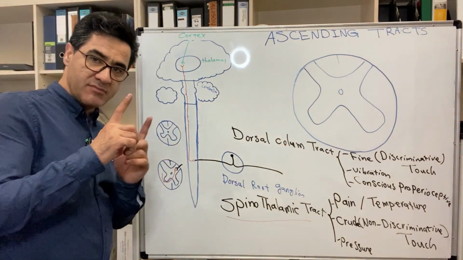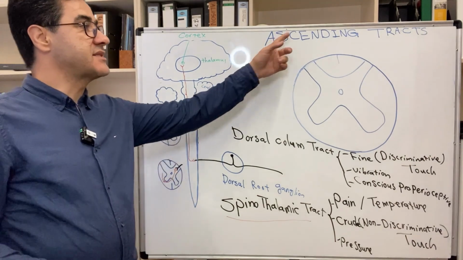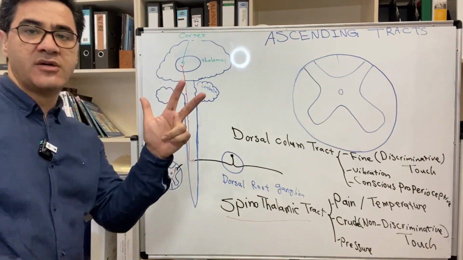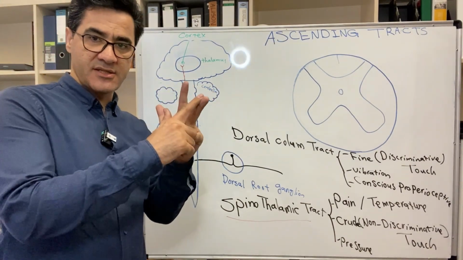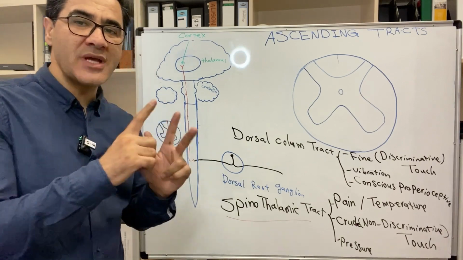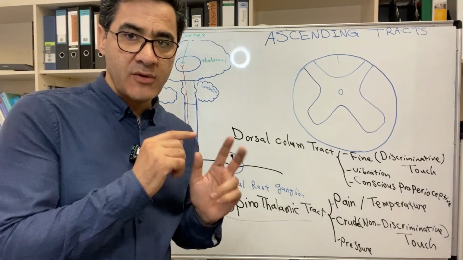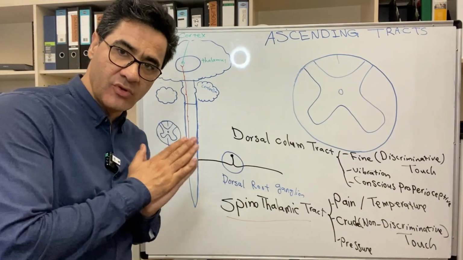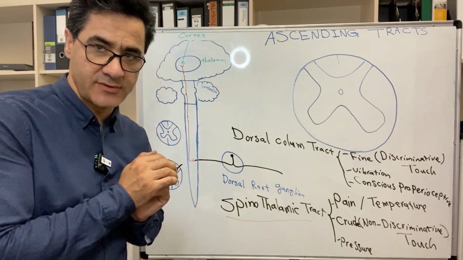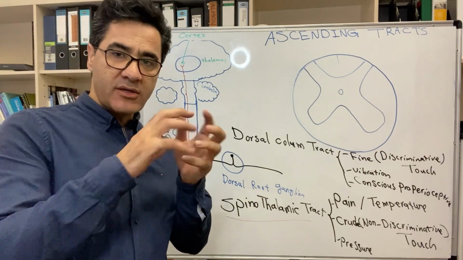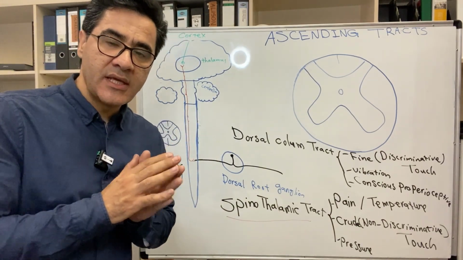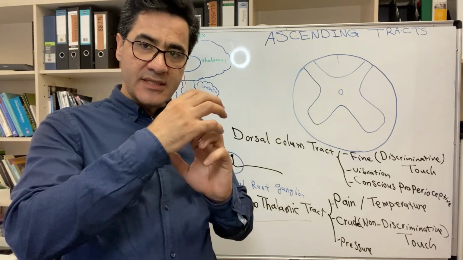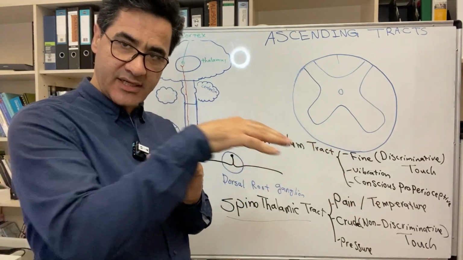As I mentioned in my previous video, for the ascending tracts, we have three order neurons: first, second, and third order neurons. So you should answer these questions. Where are the cell bodies of those three order neurons? Where are they synapsing to each other, and where is it crossing or decussating?